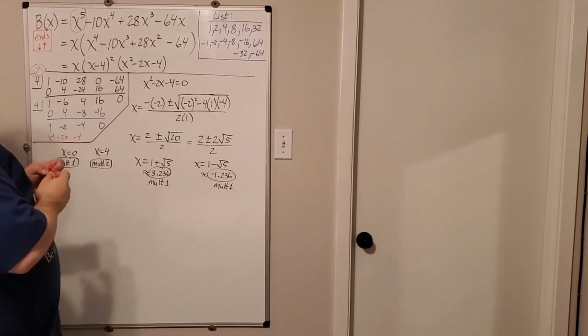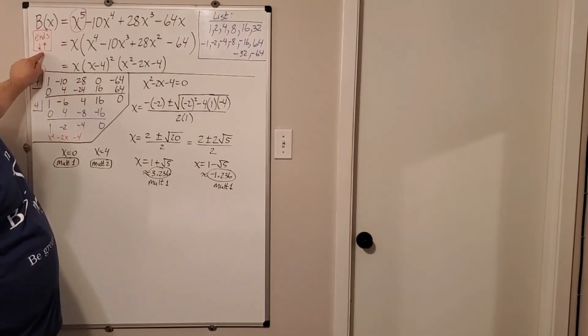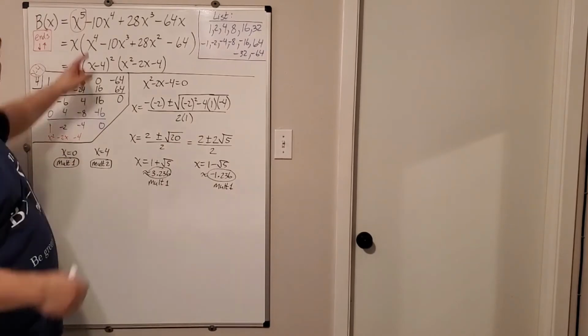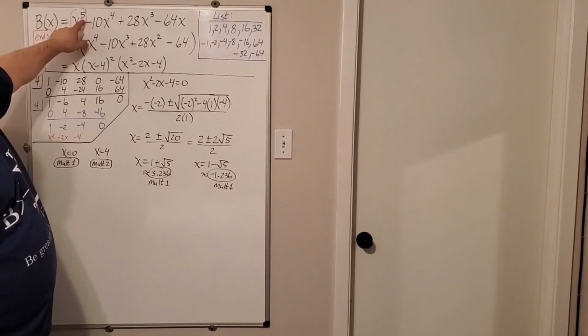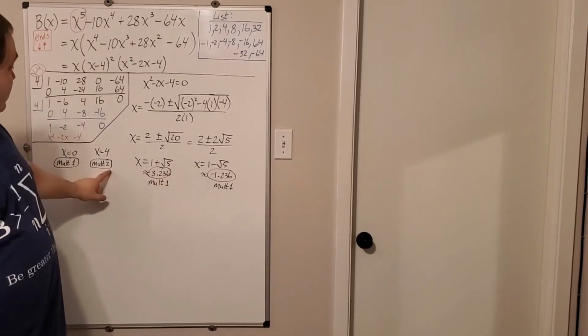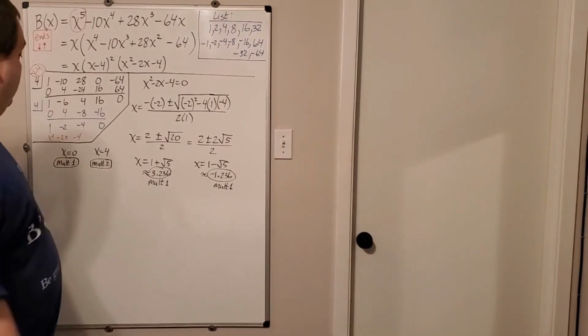Because he's odd and positive, he's going to be increasing. Odd is opposite, increasing for the positive. Also, keeping in mind the 5, these multiplicities should add up to 5. 1 plus 2 plus 1 plus 1 does in fact equal 5.